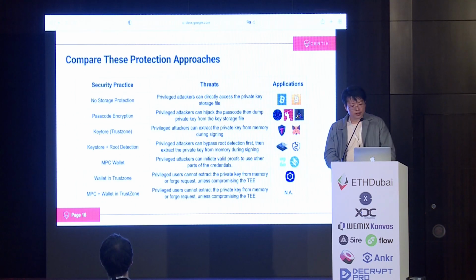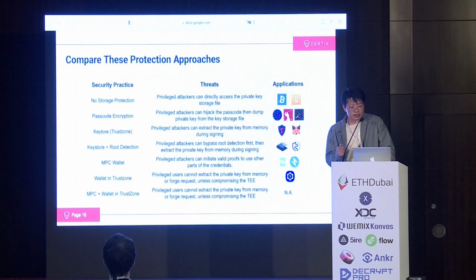In this slide, we compare different security protection approaches used by popular mobile wallets in the market and evaluate their effectiveness against the threat of compromised devices. To summarize, passcode encryption protects credentials at rest, but not the encryption key. Keystore in trust zone protects the encrypted key by keeping it in the secure world, but not during the sending process.